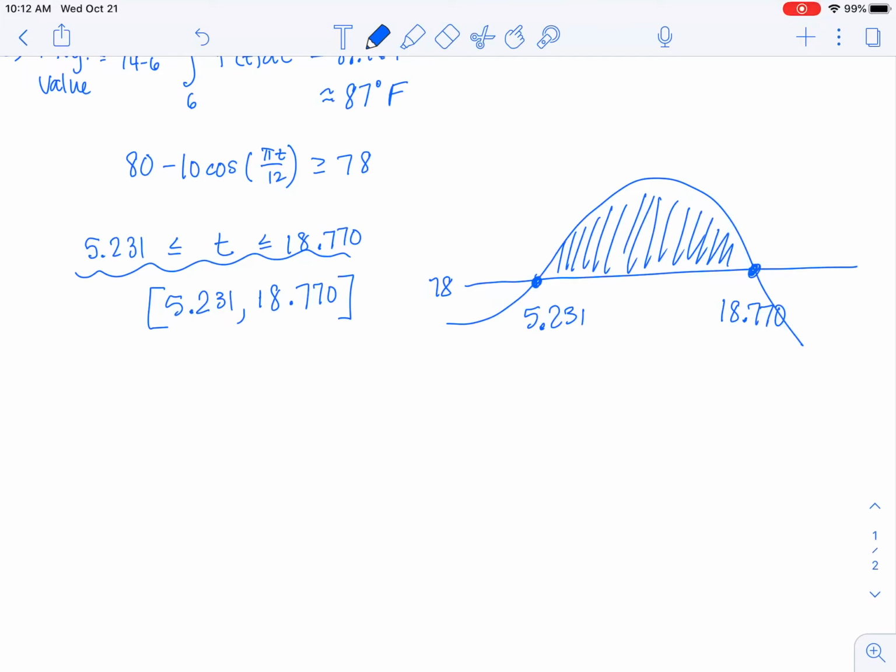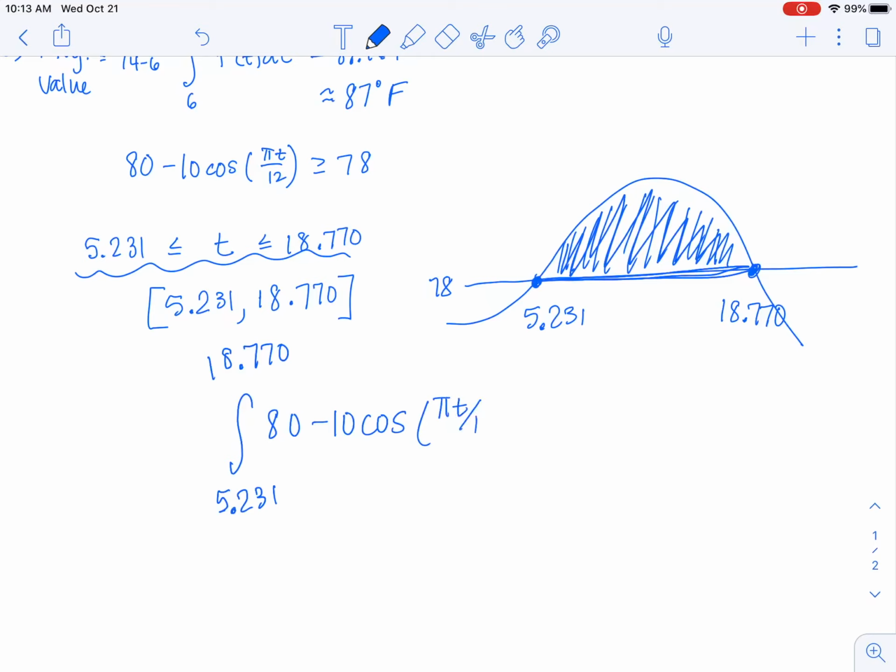So to get that area, we are going to get the integral from 5.231 to 18.770 of our function, 80 minus 10 cosine of pi t over 12, minus the 78, because we're going to take the 78 that's below it off to get the area.